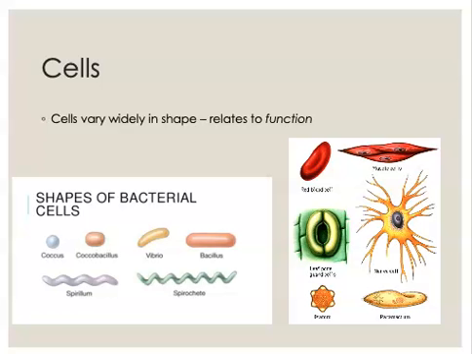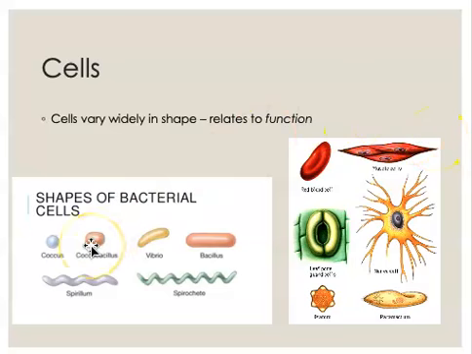We know that the shape relates to the function that a cell can perform, so it's not surprising that there are many different shapes of cells. What is interesting to note is that prokaryotic cells do come in different sizes and shapes, but they are not nearly as diverse as eukaryotic cells are.